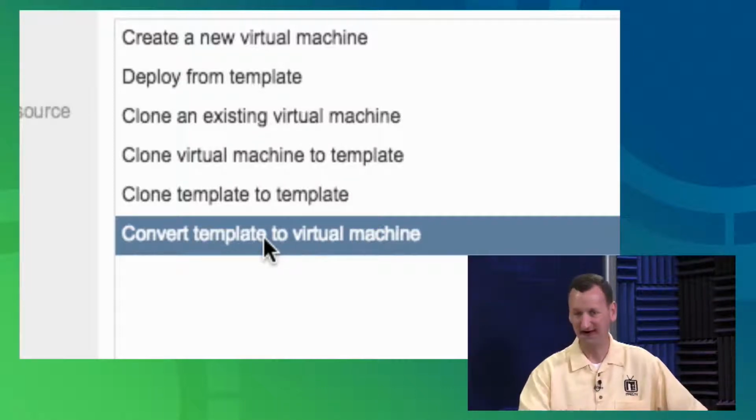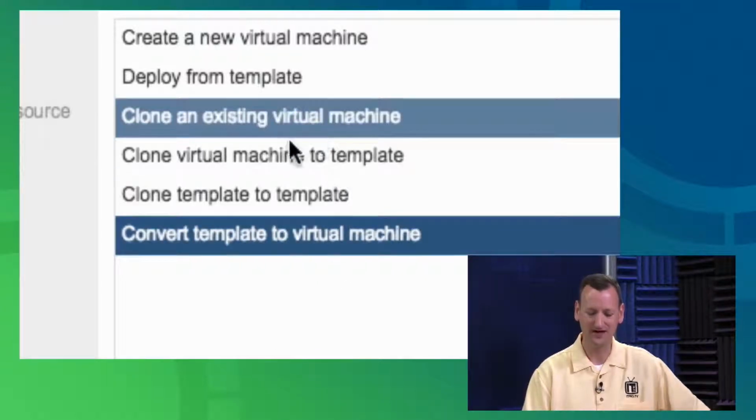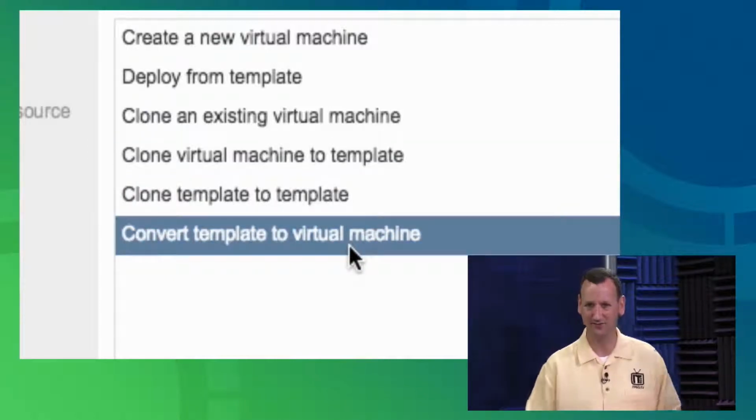If I'm just changing out files, I can mount the virtual hard drive and then I can change the files. But if I want to make an operating system change, I need to boot it up. So I convert the template to a VM, I power it on, I make my changes, and when I'm done, I then clone that VM back into a template. And now it's back into the template form again. So that's all part of that template creating process.